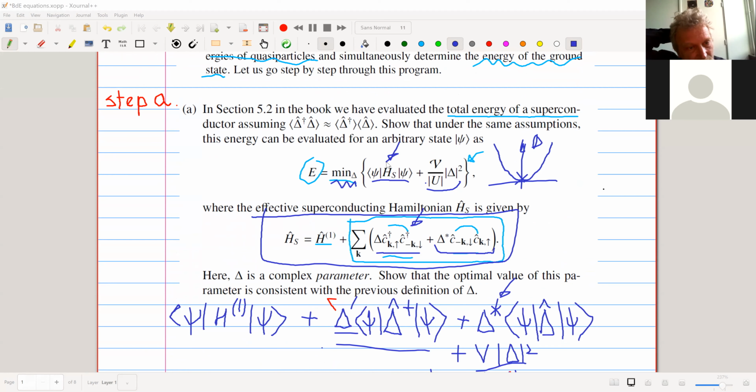Why you can replace the complex conjugated delta by just delta? This is not what I did. What I did here is to consider delta and delta conjugated as independent variables.